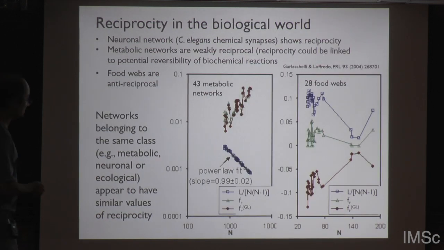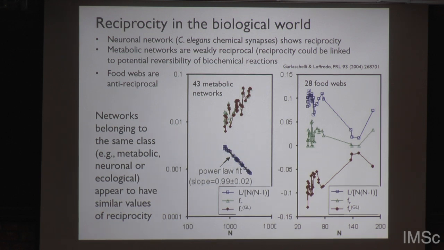Now, if you measure this, you find that different biological networks have very different properties when it comes to reciprocity. For example, neuronal networks, specifically the chemical synapses of C. elegans, show reciprocity. Metabolic networks also show reciprocity, although it's weaker than the neural network, but food webs are actually anti-reciprocal.